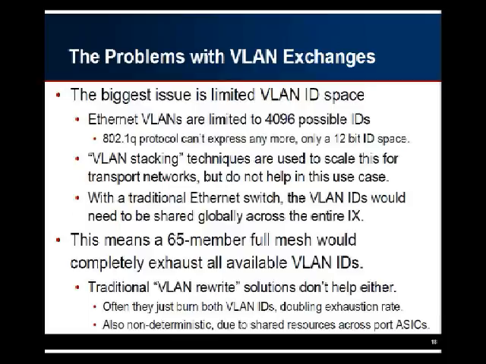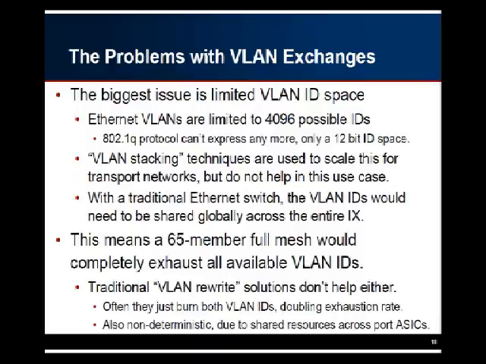And the biggest issue is limited VLAN space. You actually start having to have people negotiate over what incompatible or compatible sets of VLANs they have, but even just from a scalability perspective, there are only so many VLANs that you can allocate, just in terms of the namespace. With traditional Ethernet switches, you'd actually need to have a VLAN ID, 40 would actually need to be broadcast all over the place.